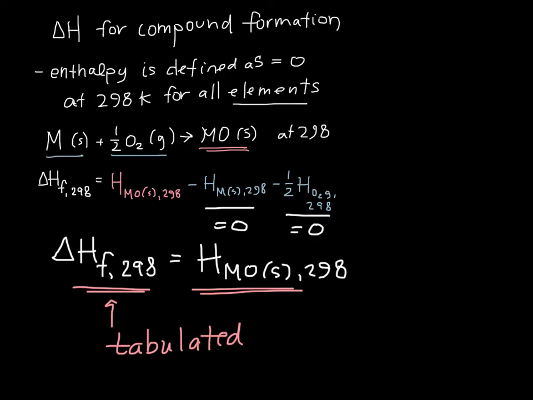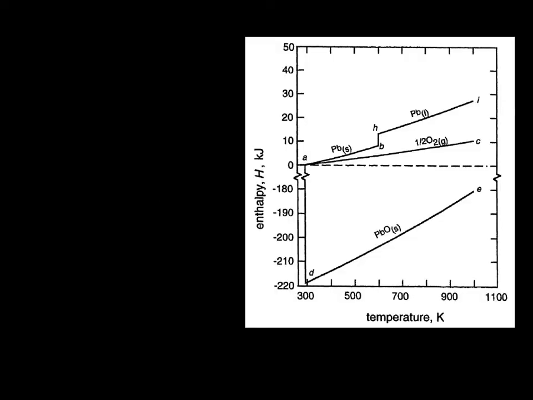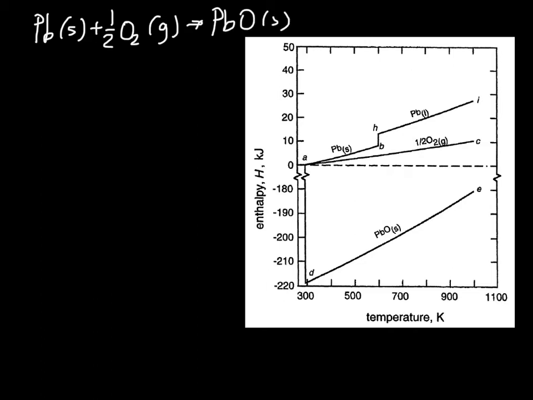Now, what about other temperatures? So how can we find this at other temperatures? Let's consider an example. This example is for the reaction lead solid plus O2 gas reacting to form lead oxide solid. So let's look at what we have here on this chart.